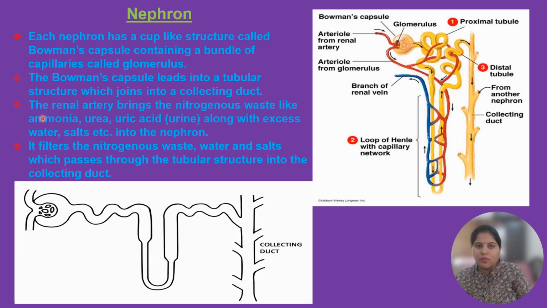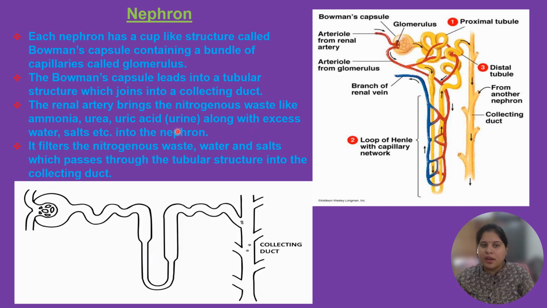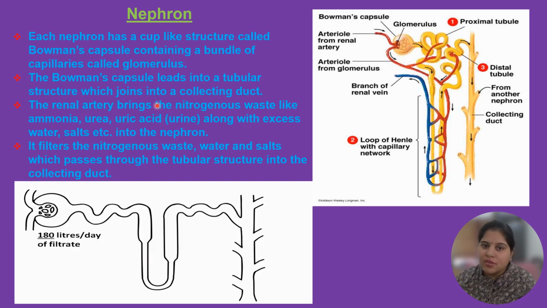The renal word represents the kidney, so the artery associated with the kidney is known as the renal artery. It brings the nitrogenous waste like ammonia, urea, uric acid along with excess water into the nephron. It carries the oxygenated blood. Along with blood, these nitrogenous wastes also enter into the nephron.